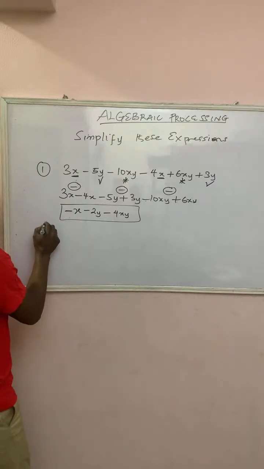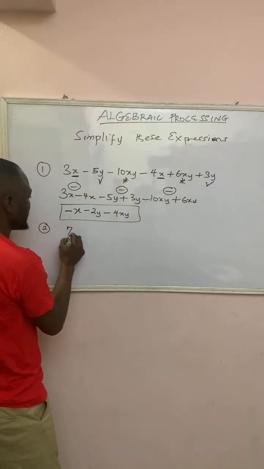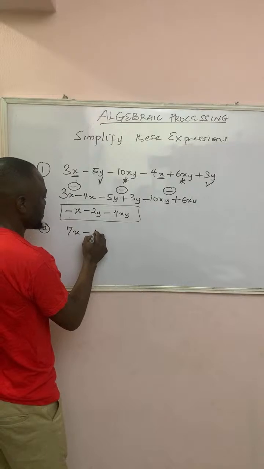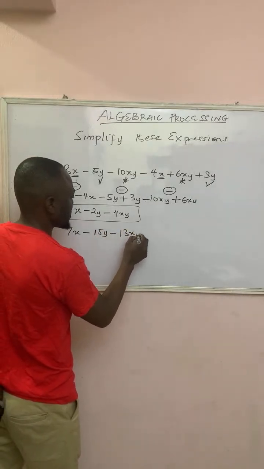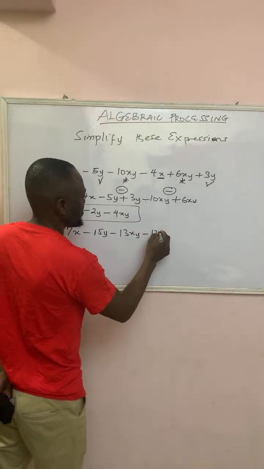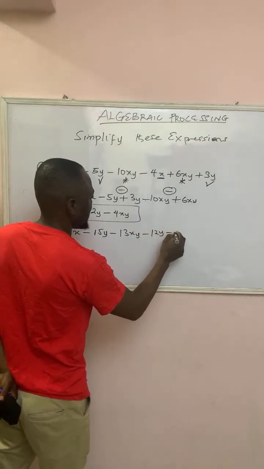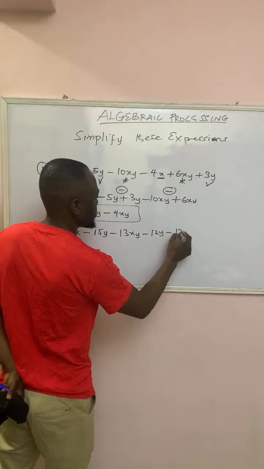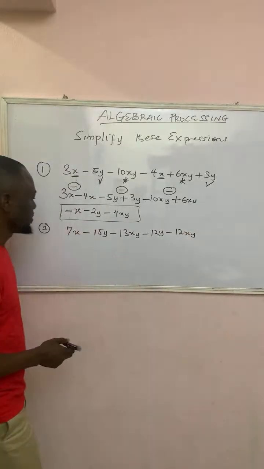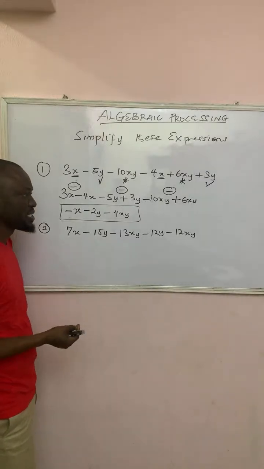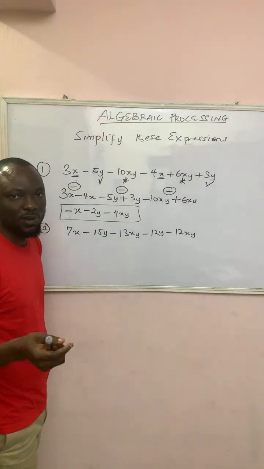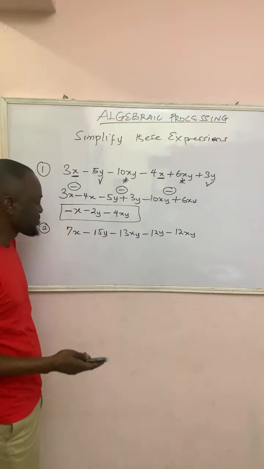Let's take another example. We have 7x minus 15y minus 13xy minus 12y minus 12xy. Okay, so if we look at this, we want to simplify this. The first thing is to identify things that look alike. They are called like terms.